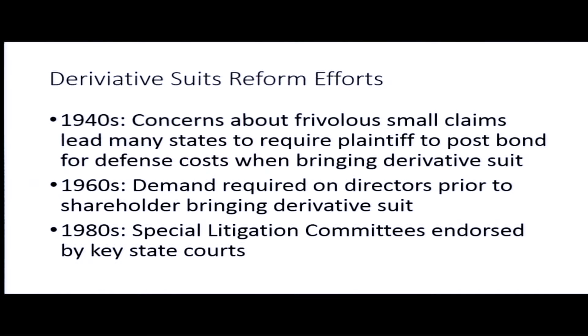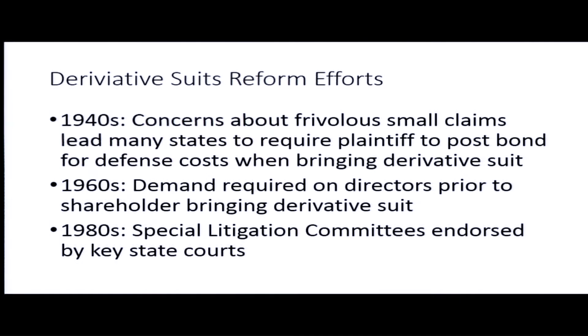So derivative lawsuits have been around a little bit longer than these mergers and acquisitions lawsuits. There have been a number of attempts to try to strengthen the derivative lawsuit procedural mechanisms to winnow out the bad cases from the good cases. So for example, we have each party bears its own cost system in general. So if you bring a suit, you pay your own costs, but you don't pay the costs of the other side. So that's a little different from the Commonwealth rule, where the loser pays.